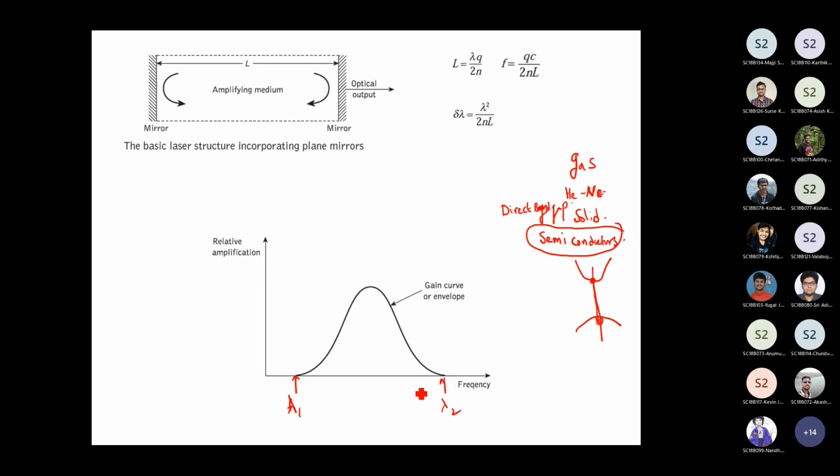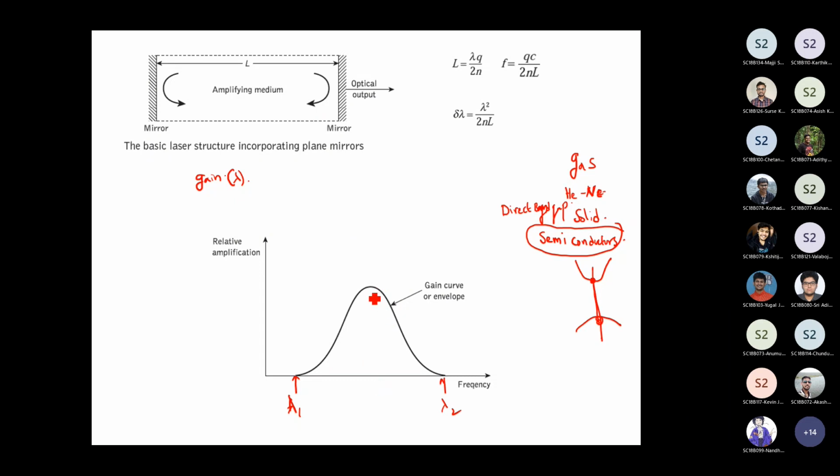Any frequency which falls between lambda 1 and lambda 2 can be amplified by this amplifying medium, but the gain of this medium is actually a function of lambda. So the material is not going to amplify all the wavelengths equally. You will see that there is a particular wavelength at which the gain is maximum.